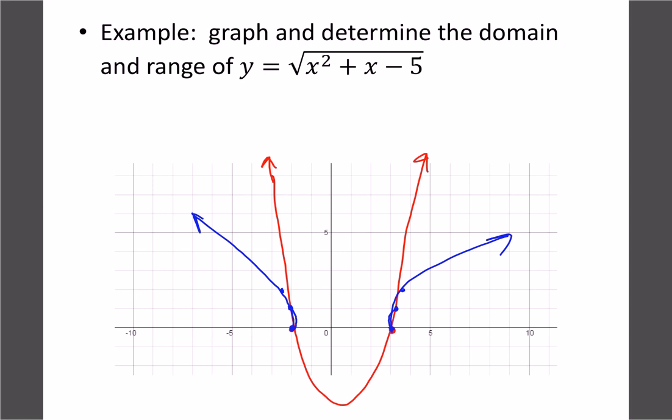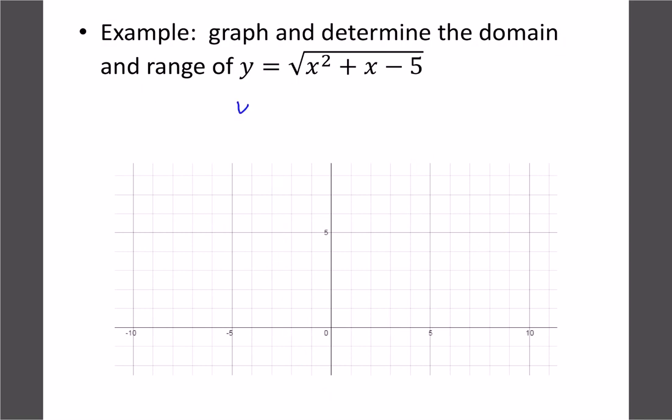So let's look at one other one, slightly different, before I move on. Let's do the equation y equals the square root of -x squared plus 4. If we graph the original, it's going to be an upside down quadratic, something like that.